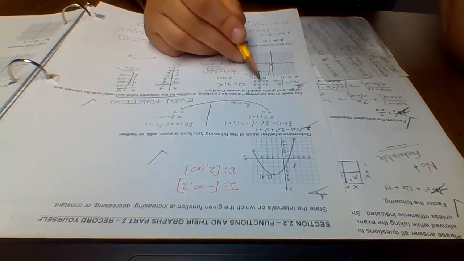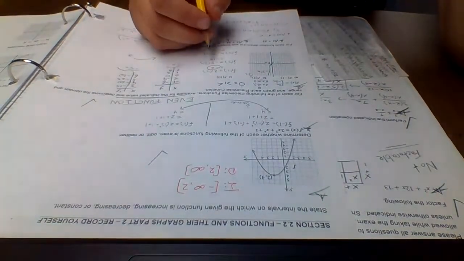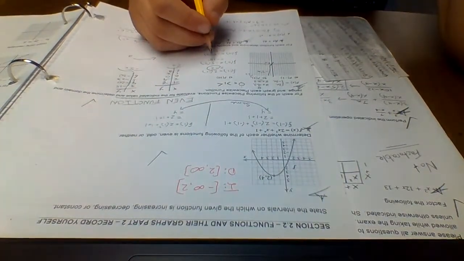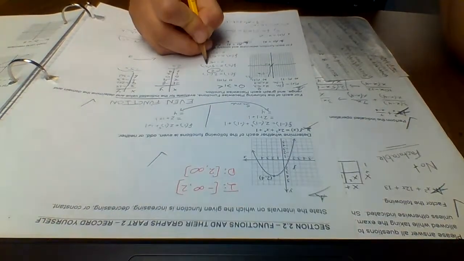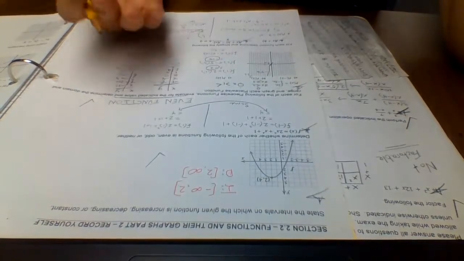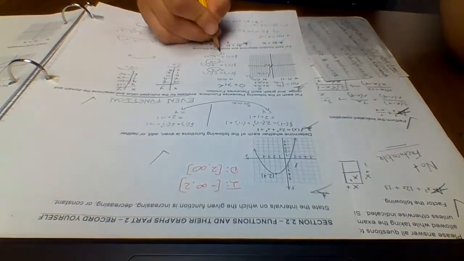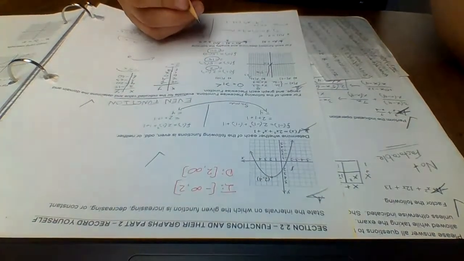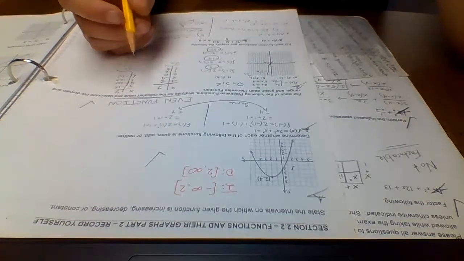F of 3, x is greater than or equal to 3, so we're going to use the second equation, which is negative 5x, and that's going to give us negative 15 as an answer. Finally, f of 10 is obviously greater than 3, so again, we'll use negative 5x, and that gives us negative 50 as an answer.